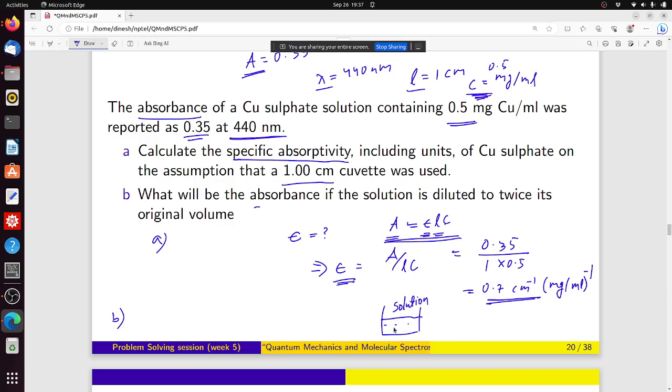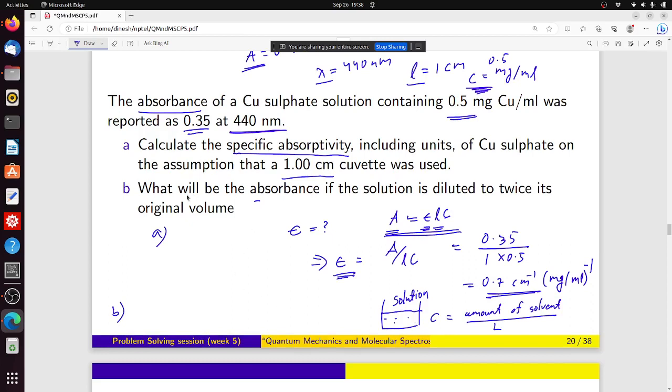Concentration is the amount of solute per liter or per milliliter.